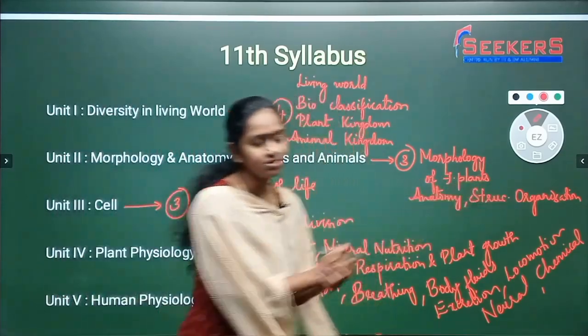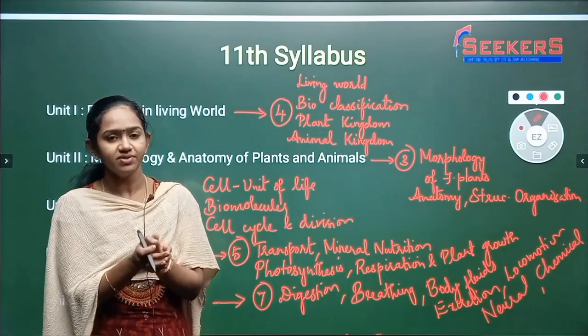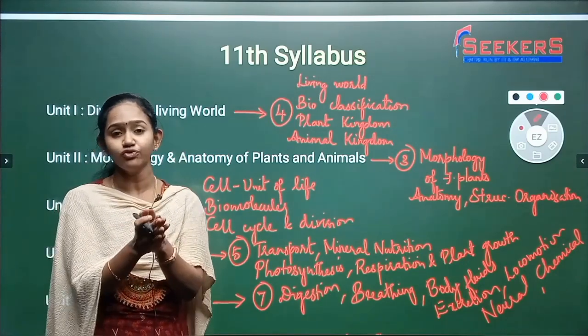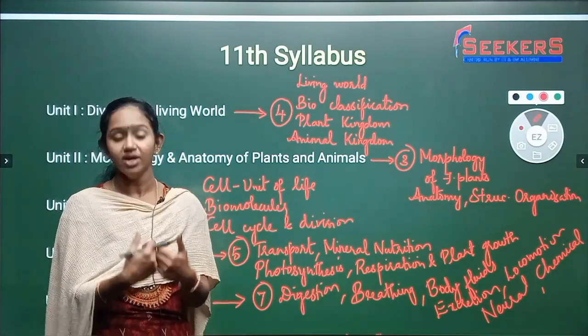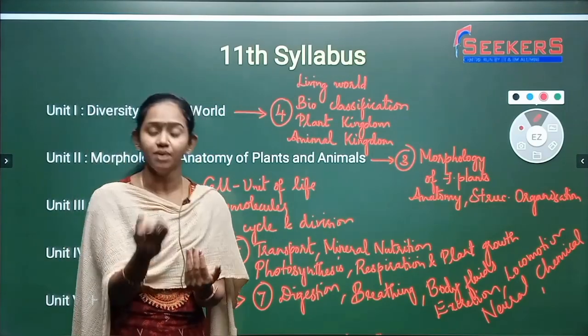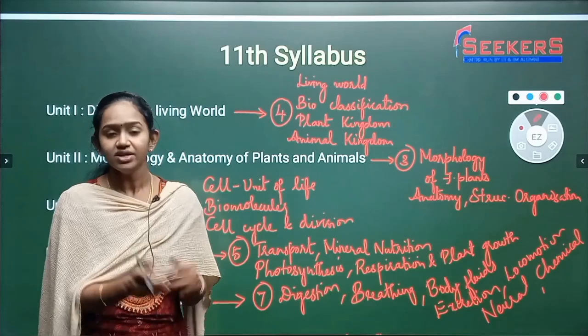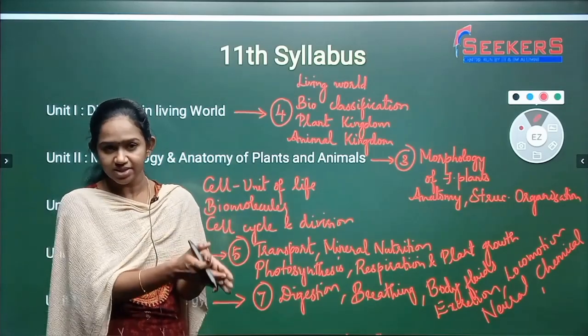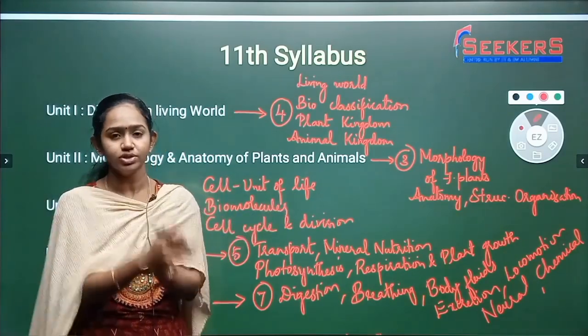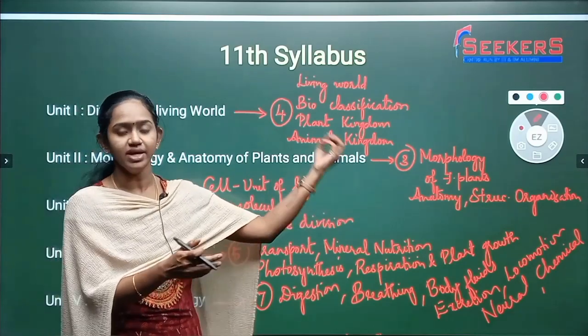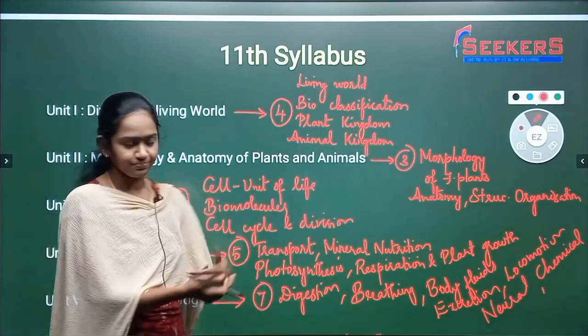And the last chapter is structural organization. Here we will discuss the different types of tissues present in our human body, and we are going to study the morphology, anatomy and physiology of cockroach. Taking one organism as an example, we are going to have a detailed look at the structural organization in an animal, that is cockroach. Yeah.